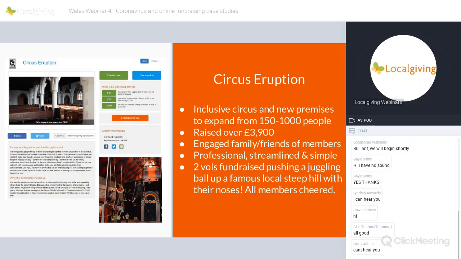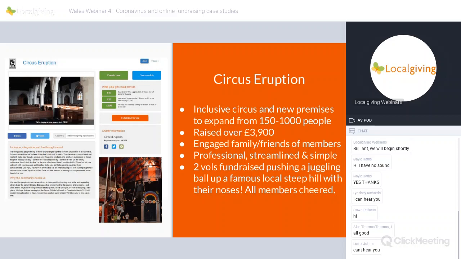They really wanted to communicate to people that investing in this space and raising money through their main donation page and appeals and fundraisers all really helped them to get the space ready. And it's also going to allow them to expand from working with 150 people a year to 1,000 people a year within the next 3 years. So it's well worth it, and well worth the investment, which they've communicated really well.